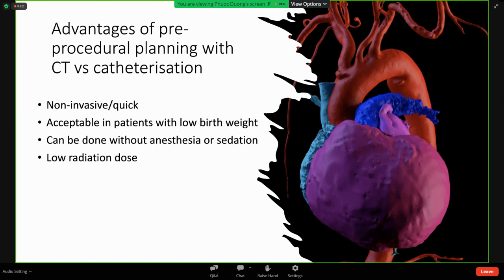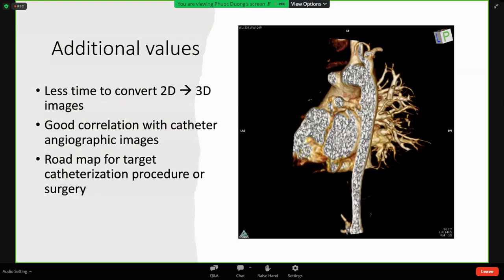Sometimes it can be challenging for the patient's physiology. And with CT, with a roadmap that you can provide for the intervention, the cost of the radiation and the procedure time, with no anesthesia, is a clear trade-off for the advantage of providing very, very clear pictures as to what one can do.